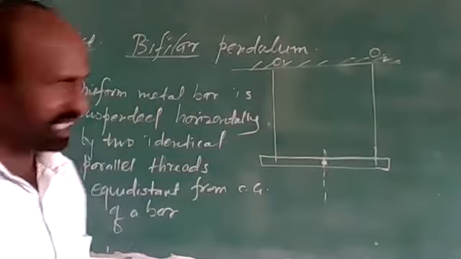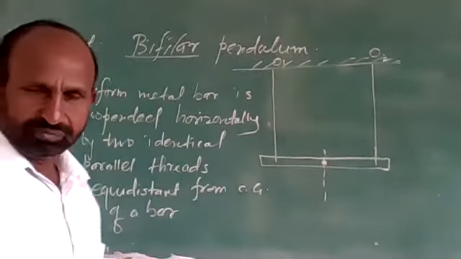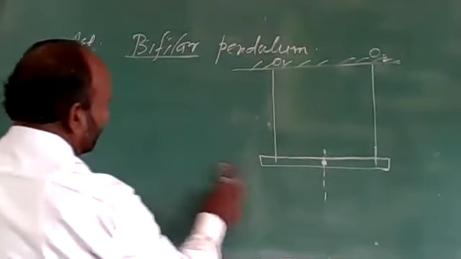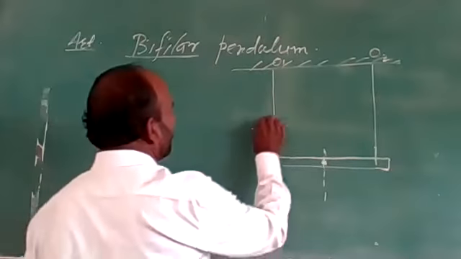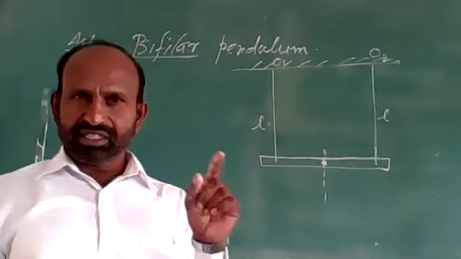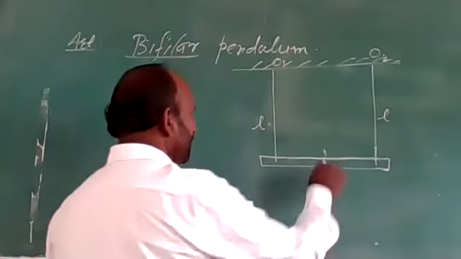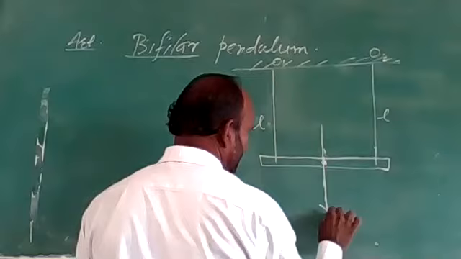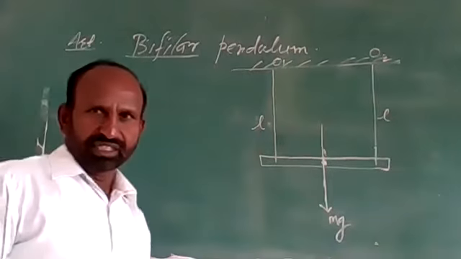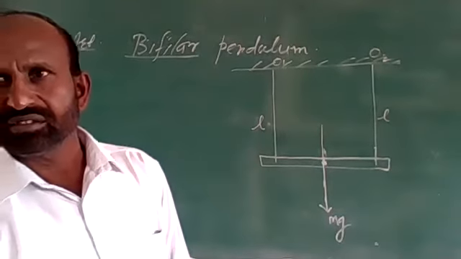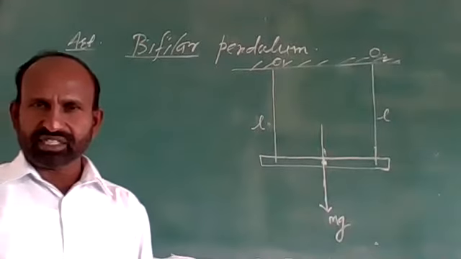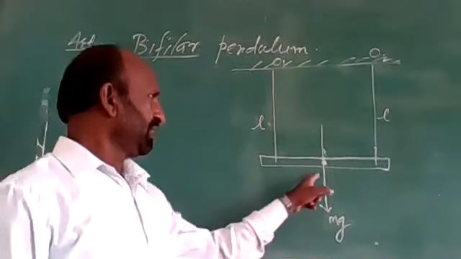Now, when this bar is suspended like this horizontally, the threads are equal in length. Then the weight of this bar is acting vertically downward through the center of gravity.